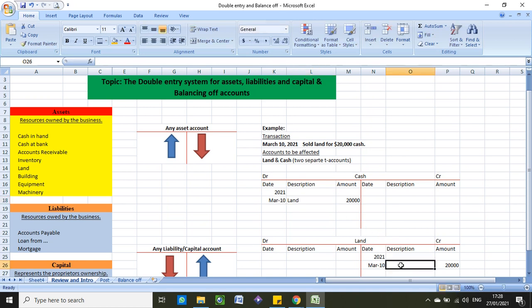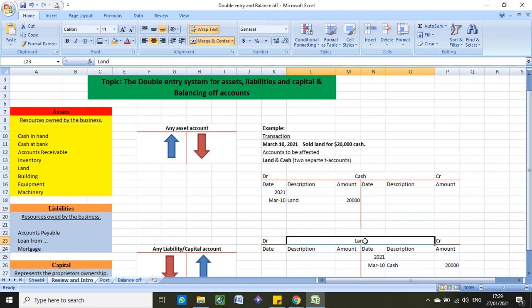And then the description here will be the name of the other T account, which will be cash. So at this point, your teacher or an accountant or a person teaching you should be able to go back to this T account and say, well, on March 10, 2021, there was an increase of cash by $20,000 because it seems we perhaps sold land.